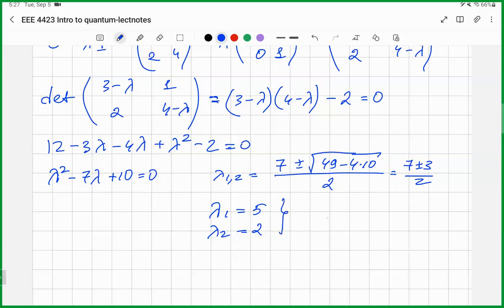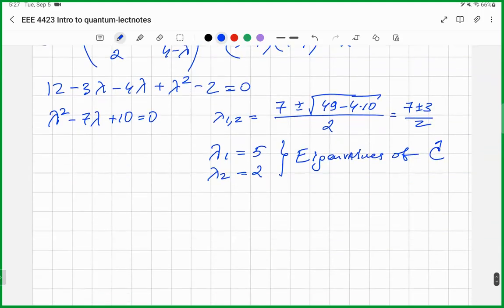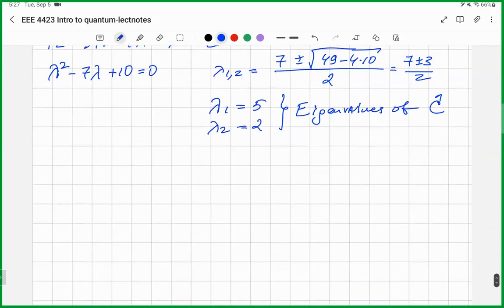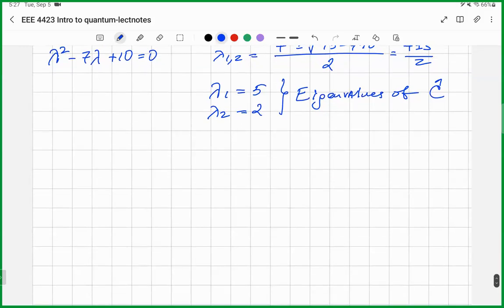So these are the eigenvalues of our matrix C, right? 5 and 2. So we've got two eigenvalues, and hence we can write two equations for eigenvectors.